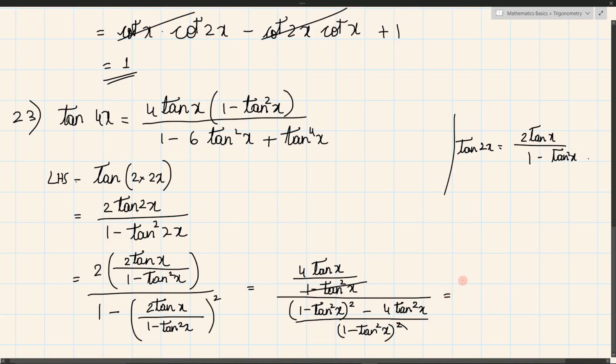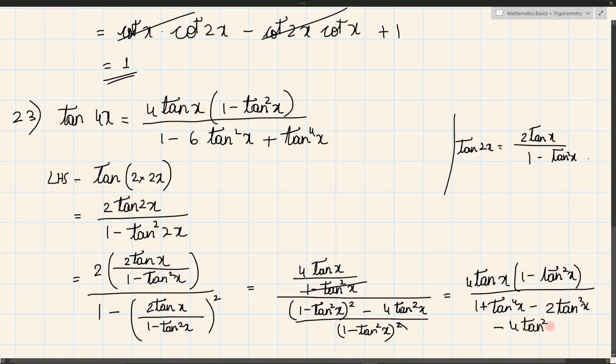So the remaining terms are 4 tan x multiplied by 1 minus tan square x whole divided by 1 plus, so I'll expand this, 1 plus tan to the power 4x minus 2 tan square x minus 4 tan square x.